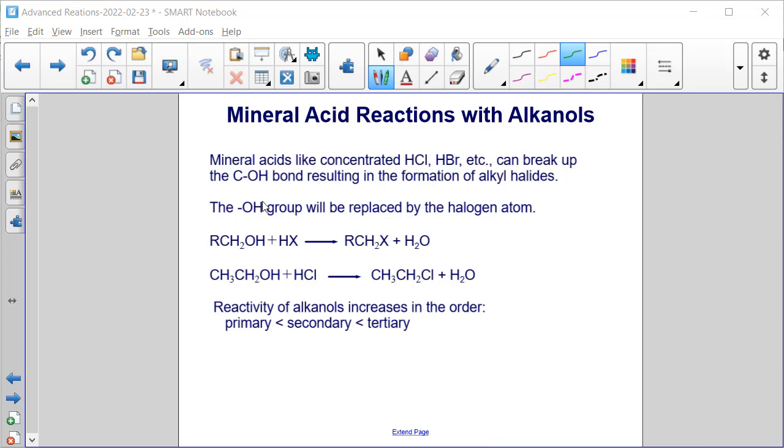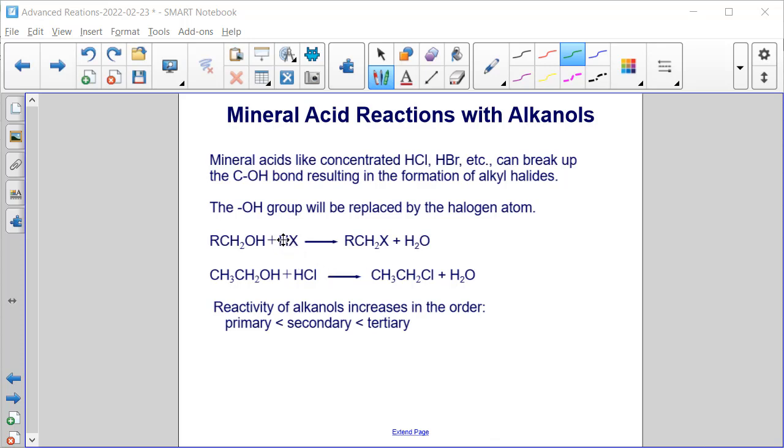So as an example, we have some alkyl group CH2OH plus our mineral acid. So here's an example. We have ethanol here and HCl. And the product will be water from the OH group and this hydrogen.